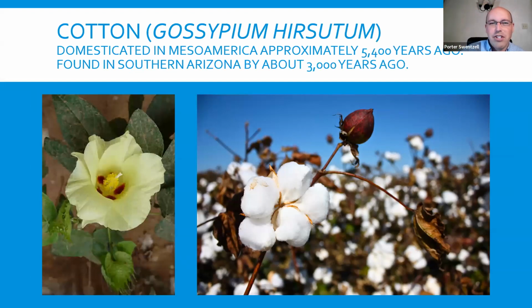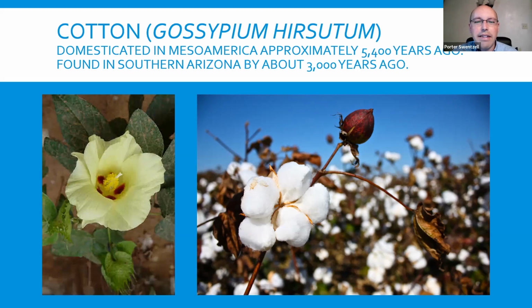I'm sort of going chronologically, but we have cotton, the particular kind of cotton that was grown in this region, domesticated maybe a little over 5,000 years ago, again in Mesoamerica, making its way up into this region about 3,000 years ago as well.